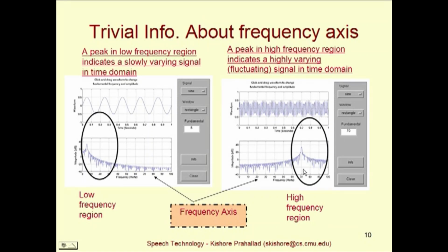Here you have a peak at 70 Hz, and you are seeing a 70 cycles per second signal in the time domain. So essentially, when you see a peak in the higher frequency region, you are going to get a highly varying signal in the time domain, and when you see a peak in the low frequency region, you are going to get a slow varying signal in the time domain.